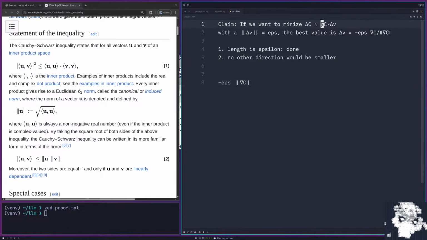Okay, well, why don't we write this thing, the Cauchy-Schwarz inequality for this thing. So this is less than or equal to length of C times length of V. Length of V, we don't get to choose, it's epsilon. Okay, well there it is. And then this is equal to that.